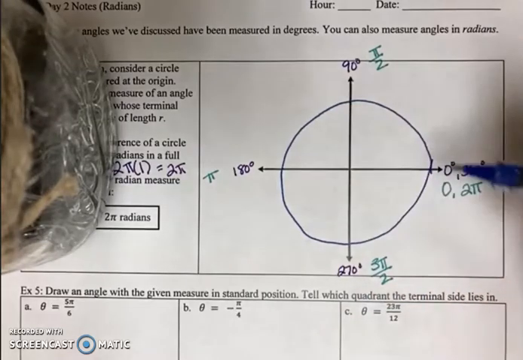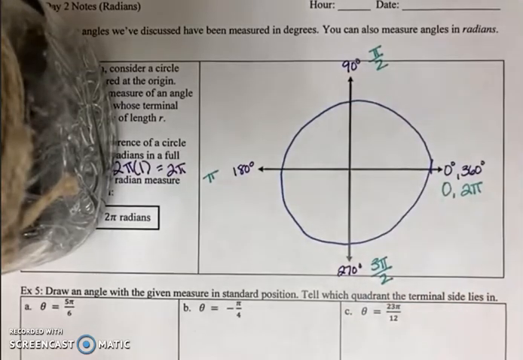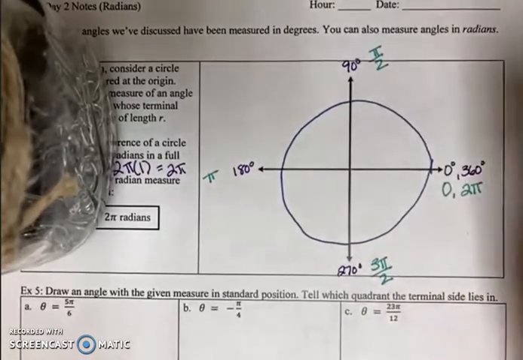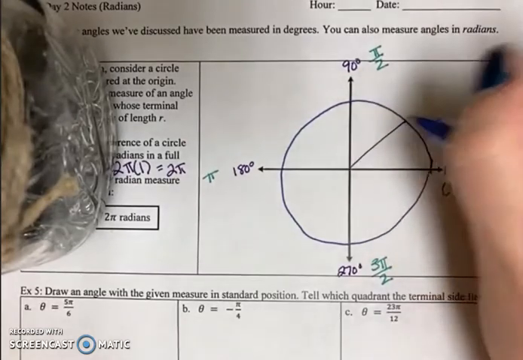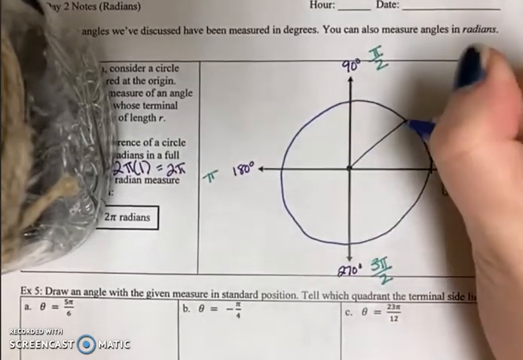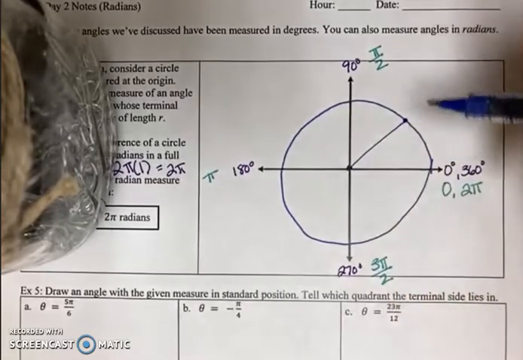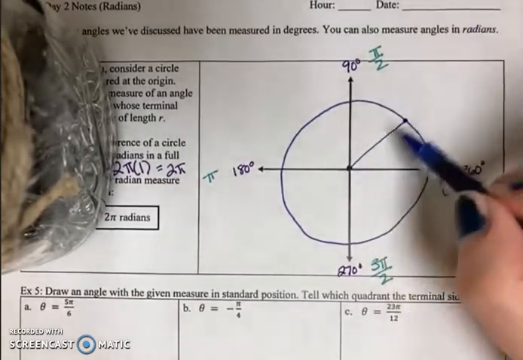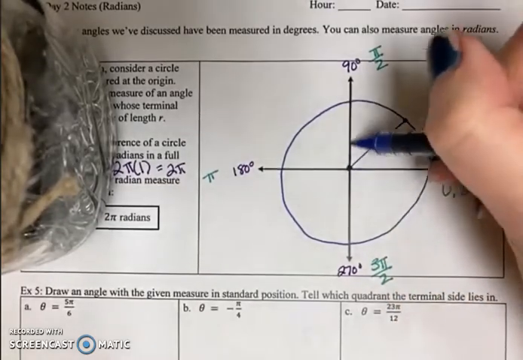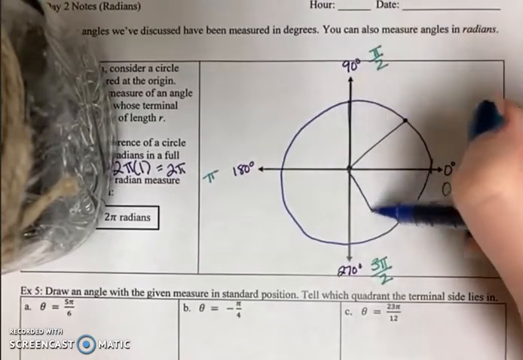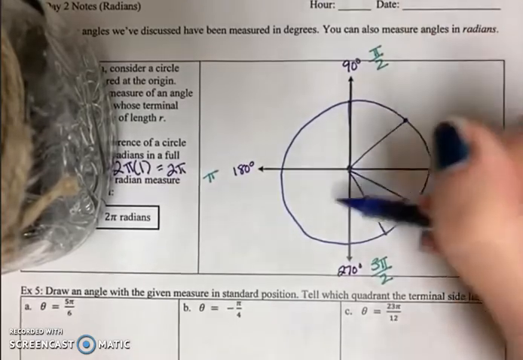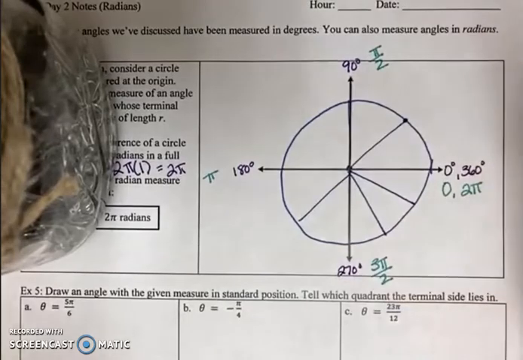Pretend that was to scale. There's a radius of 1. So any point that connects the center to the outside of the circle, you can draw a line. So this is a radius, this is a radius, you get the idea. Because it's a unit circle, I know that the radius is 1.